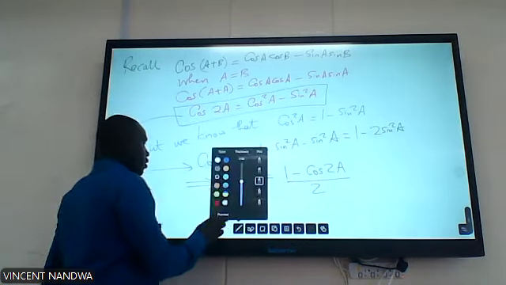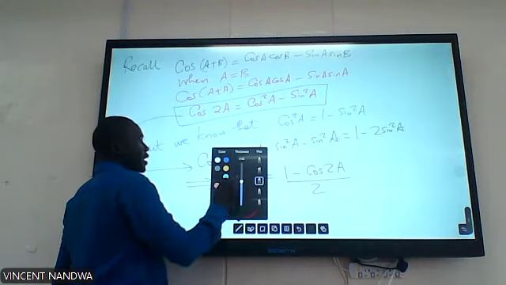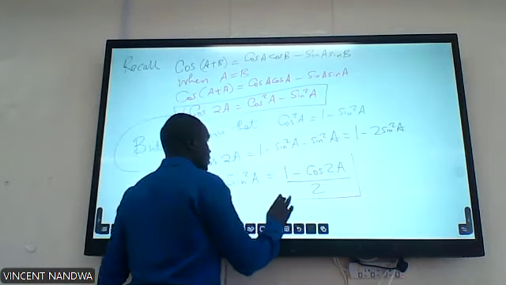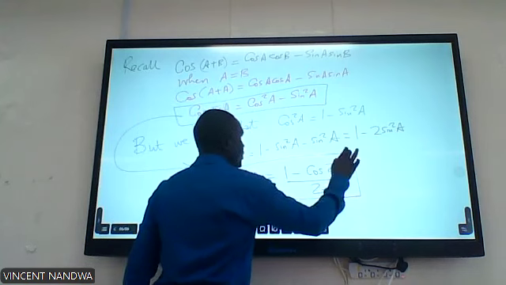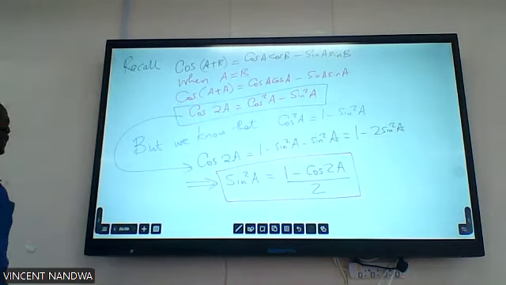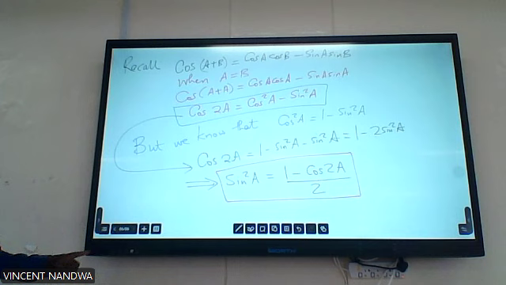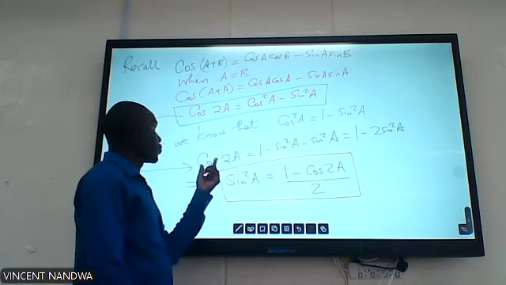So this is another way of having sine squared A expressed in terms of cos 2A.